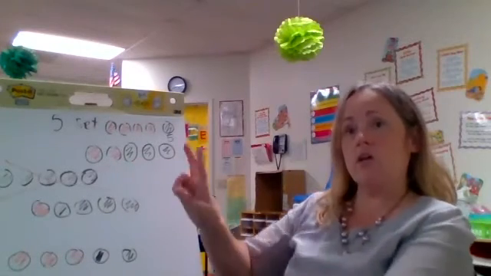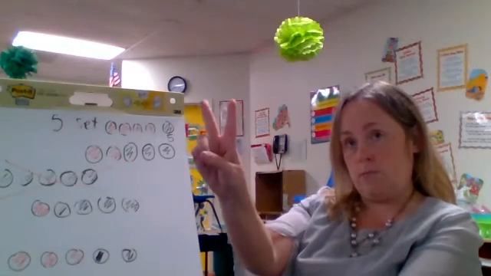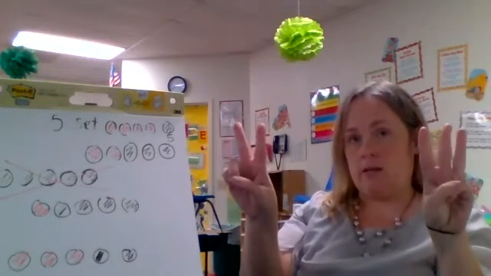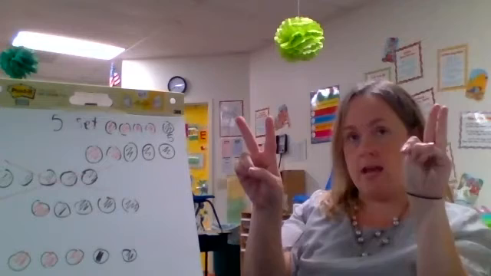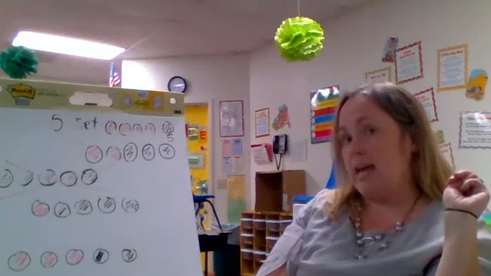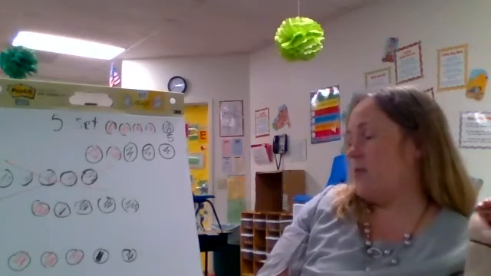So how many fingers? 2. And then how many fingers on this hand? 3. Let's make sure we have 5. 1, 2, 3, 4, 5. We got it. Now we'll do 1 and 4 again, but we'll do it the other way.